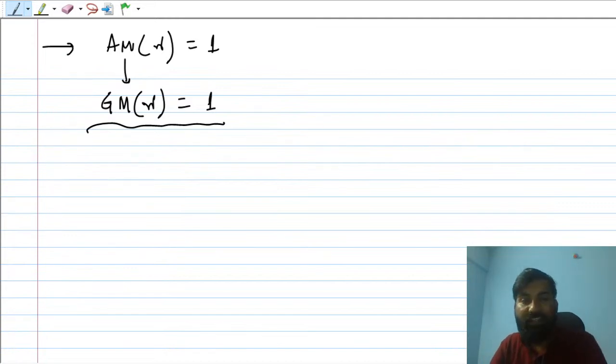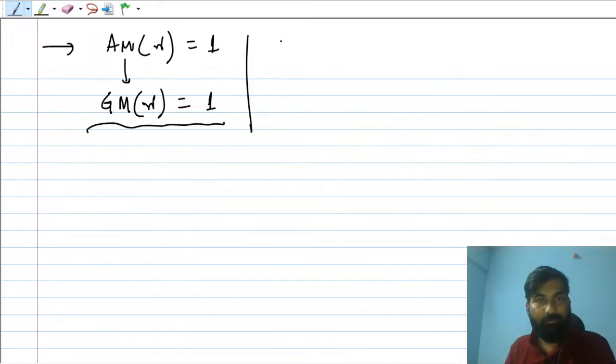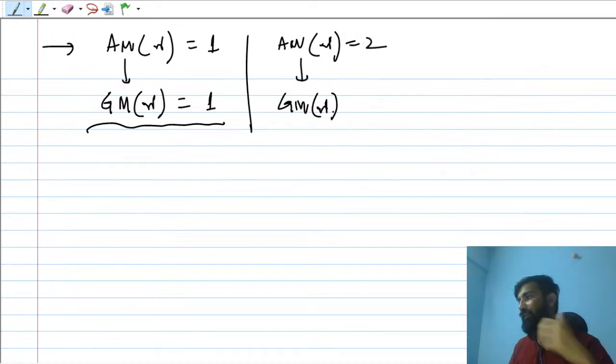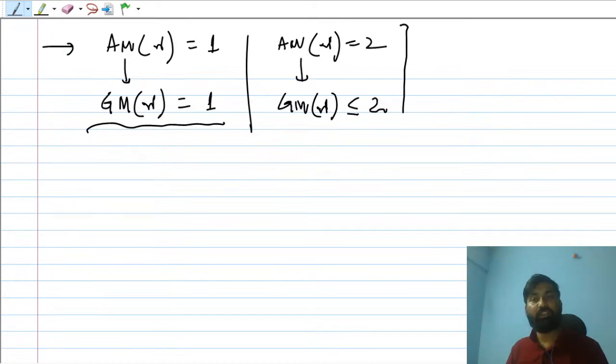Now if an eigenvalue is getting repeated, then your AM will be updated also. Your AM will be 2. Suppose the algebraic multiplicity of some eigenvalue is 2, then GM, the geometric multiplicity of that lambda, will always be less than or equal to 2, it cannot be greater than 2.